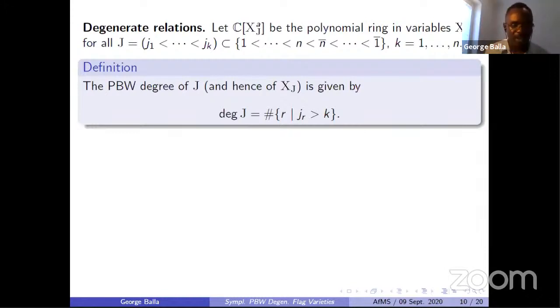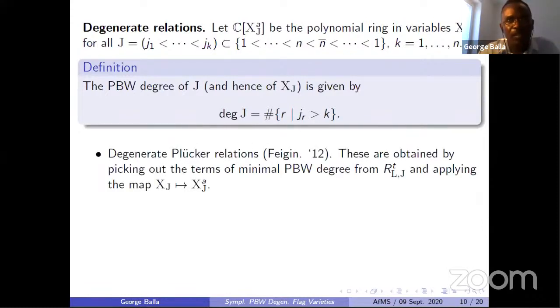We want to understand how we can arrive at new relations which define our degenerate variety. This tool is a degree coming from the PBW filtration, and because of the name, it is called the PBW degree. It can be defined for the sequence J, and also transmitted to the coordinate x_J. It counts all indices in that sequence which are bigger than the length of the sequence. In this case, the length of the sequence is k.